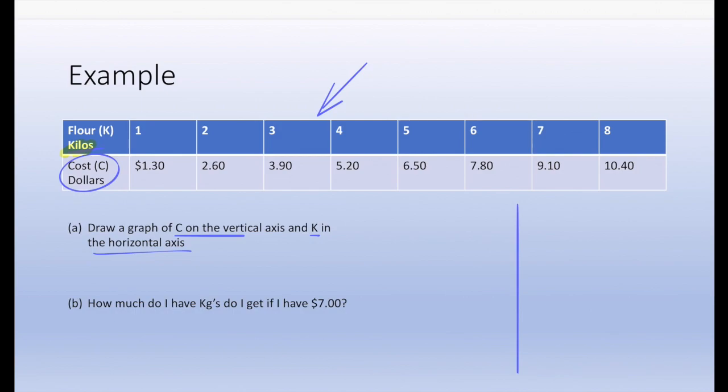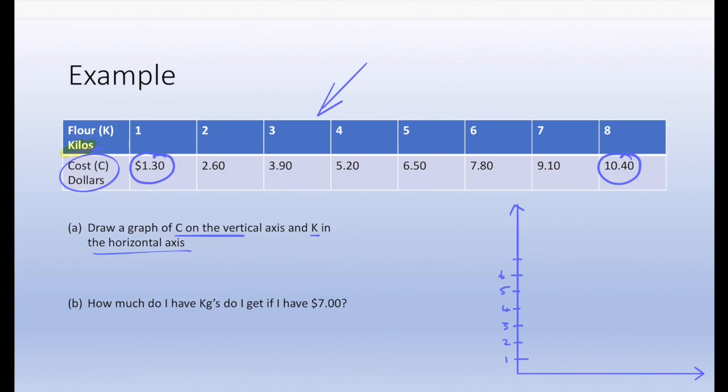Now I need to have a good look at it. I'm going to put the arrows up and down, and the C is going to be on the vertical axis. I need to go from $1.30 all the way to $10.40, so I'm going to go up 11. I need to try to be as equally spaced as I can. If you've got grid paper, it's even better than what I'm doing, which is freehand.